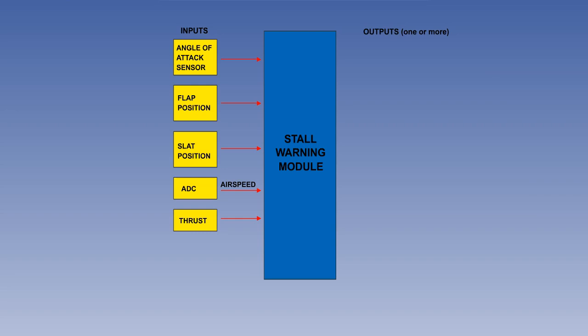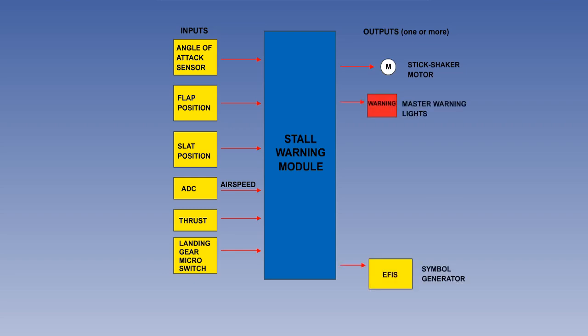The stall warning system is inhibited on the ground, and so we need an input from the weight on wheels microswitch. We will now look at the outputs from the stall warning module, and as already stated, aeroplanes will have a combination of indications. First is the stick shaker motor, which is fitted to more traditional aeroplanes.